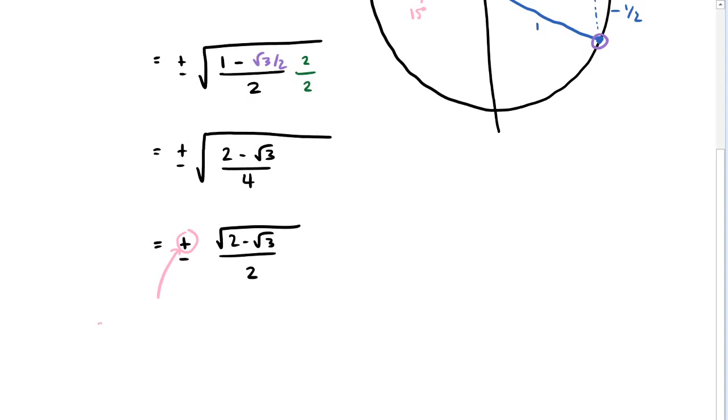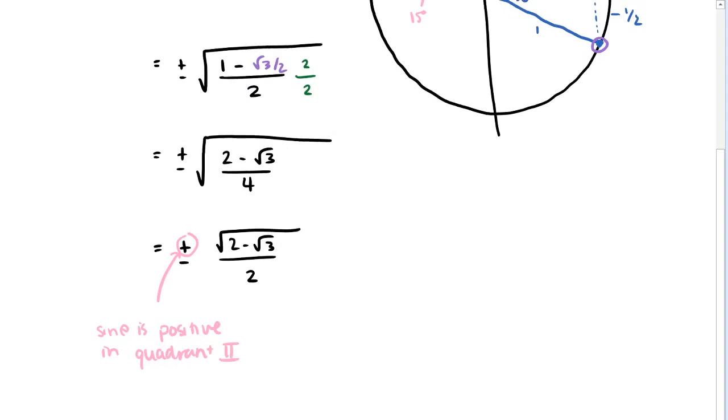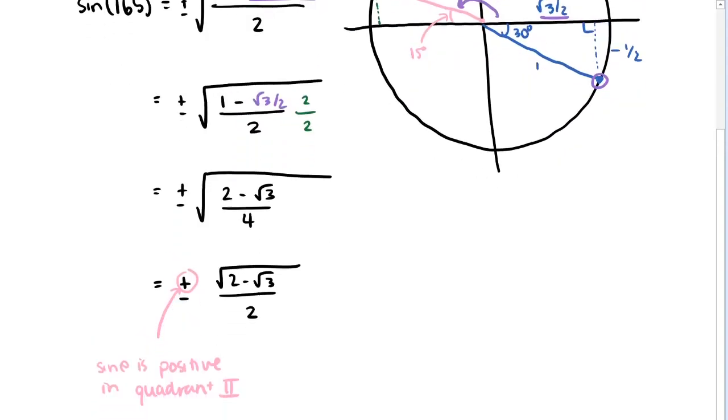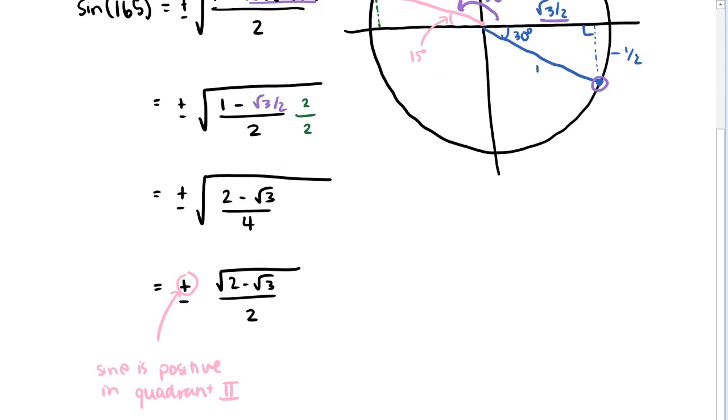So sine is positive in quadrant 2. 165 degrees is an angle in quadrant 2. Sine gives us a positive y value when we're in quadrant 2.